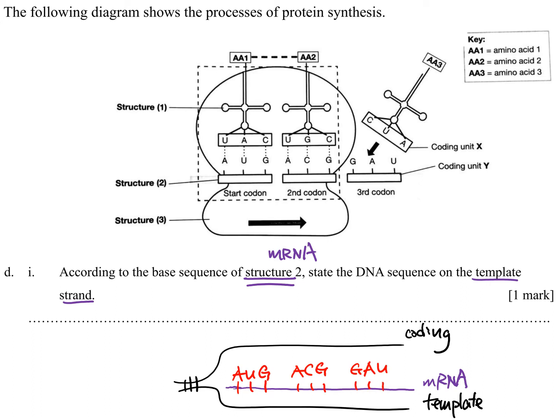So now you can write out the template sequence, the triplet code as TAC, TGC, and CTA. So this is one of the methods to get the answer.